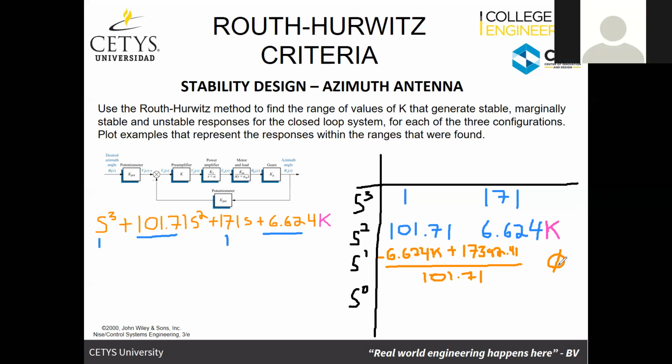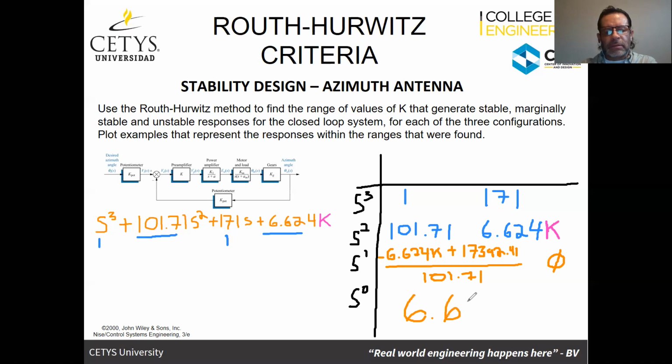It's going to be 0 times this number, which is 0, minus this times this divided by this. So what we have here in the bottom is just 6.624K. Okay.